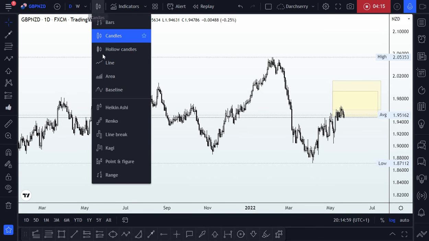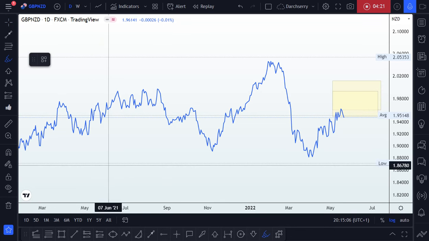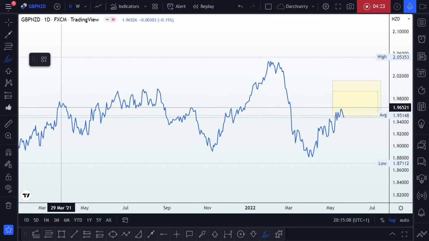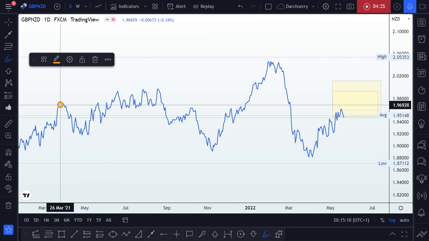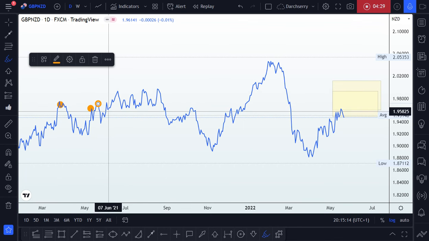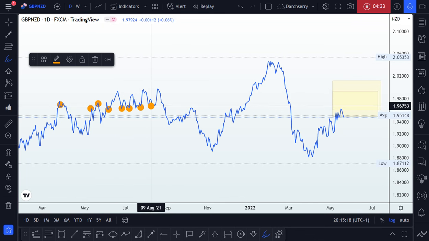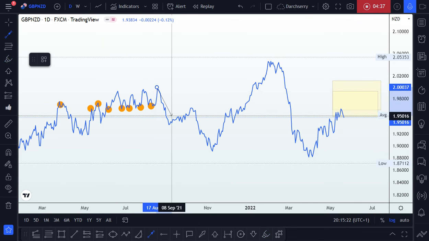So if I bring out the line chart at this point and we look at what is happening here, we can see that we have structures right around this area to work with. We have a resistance here, resistance here, resistance here. We had a support level, support level, support level, support level, support level here before the breakdown that happened here.